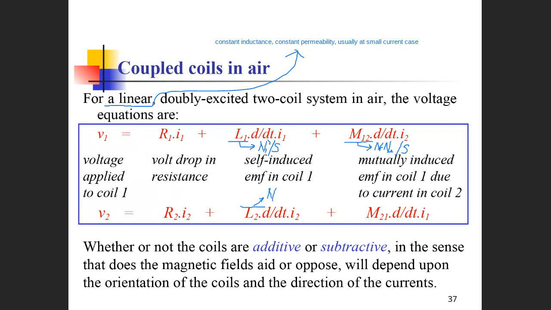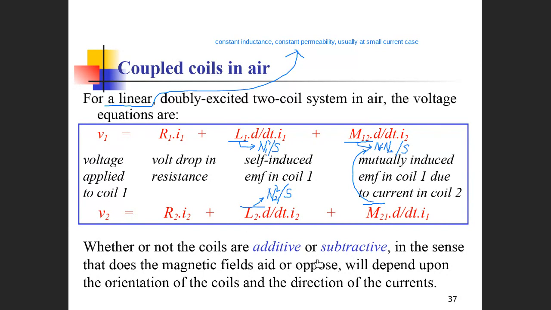This is N2 squared over S. So the self-inductance of coil 2 is N2 squared over S, and the mutual inductance from coil 2 to coil 1 and coil 1 to coil 2 is the same.